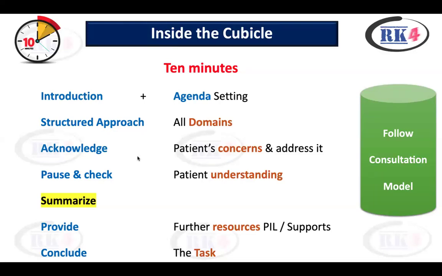If 5 minutes have crossed and you are still information gathering or still taking the history, that is going to be a problem, because it is so difficult to conclude the task in the end then. Right after 8 minutes, go towards the closing, because you have to move to the next cubicle. You have to conclude your task. You don't want to leave things unfinished. So that's how you decide and divide your time.